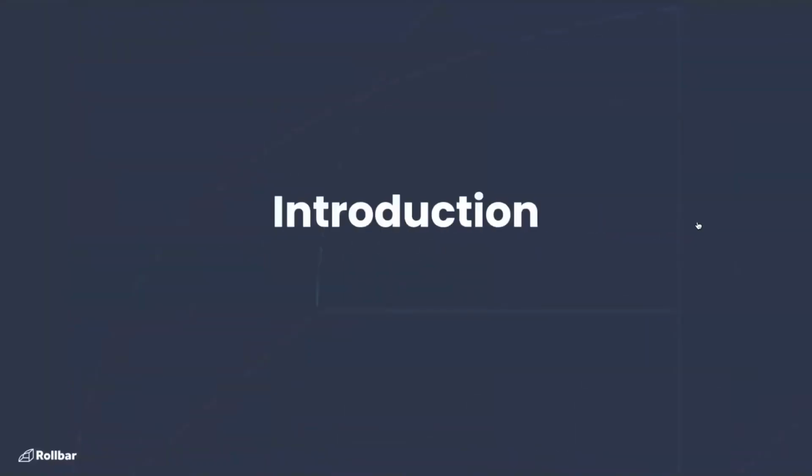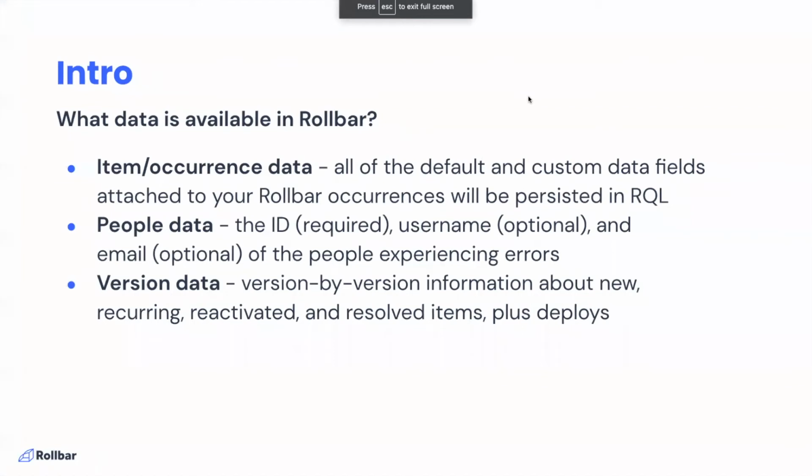All right, so let's get started. What data is available in Rollbar? We have all of the item and occurrence data. Items are the primary working component, the thing that you're usually focusing on and investigating the most. Those items are comprised of occurrences.